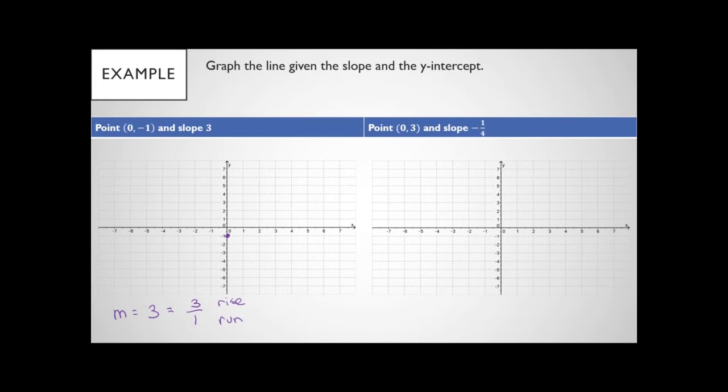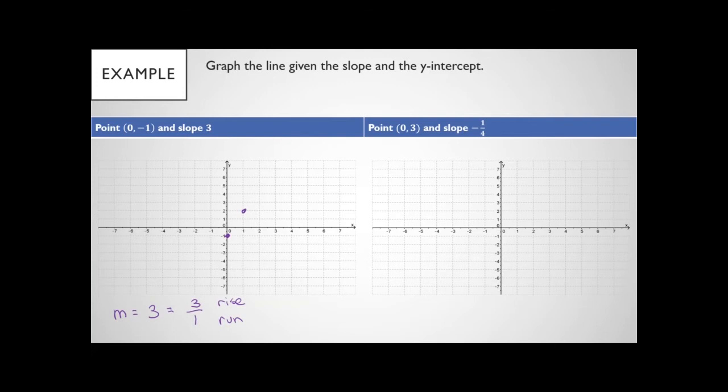So we're going to go up 3/1. This only works if you are counting by the same thing on the x and the y. Here we're counting by ones in both the x direction and the y direction, so we are allowed to do this. From my point, I'm going to count up 3 and then move over 1.